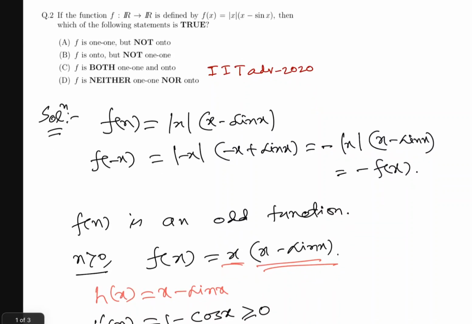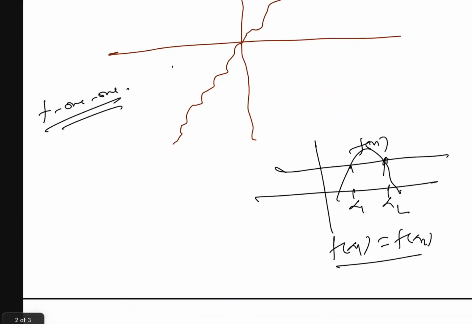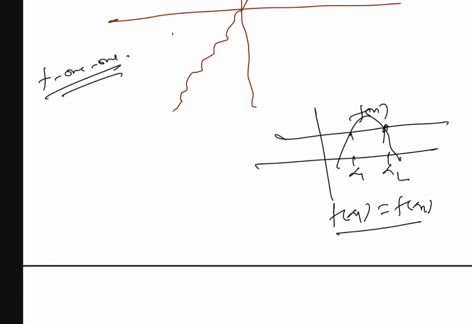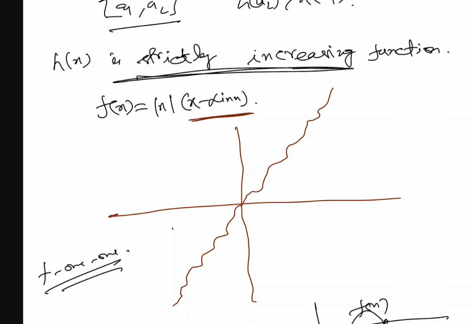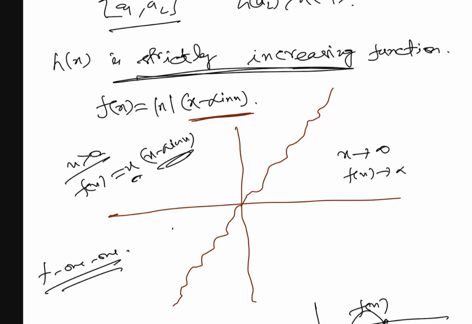Students, first look at the codomain of this function, that is R. If we see the first part where x is greater than 0, then f x equals x into x minus sin x. As a consequence of the product of two strictly increasing functions, this function is strictly increasing, and as x goes to infinity, f x also goes to infinity.